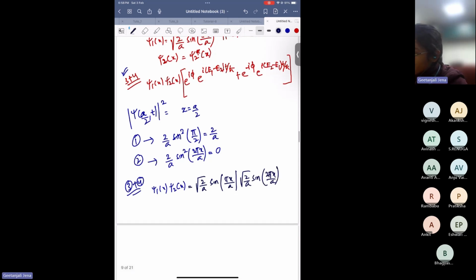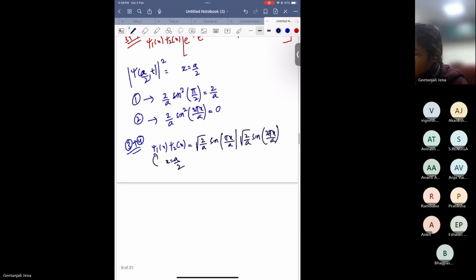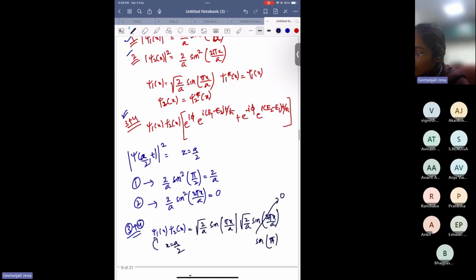Now if you put x equal to a by 2 in this equation, then this term will give 0 because it will become sine pi, right? So this means this whole term will give 0.